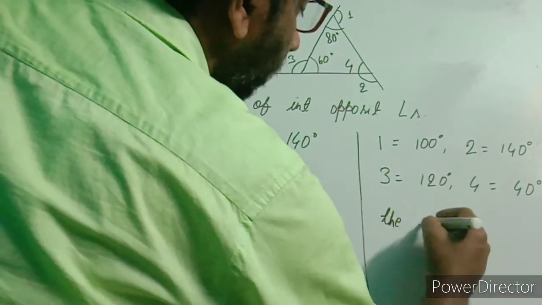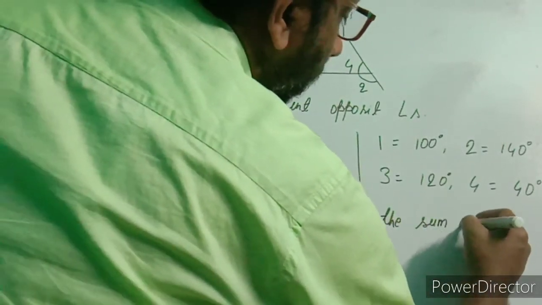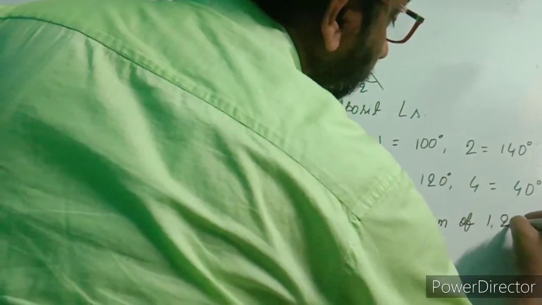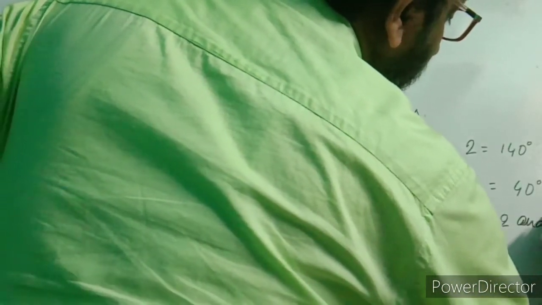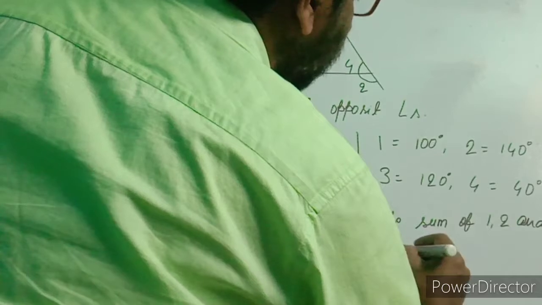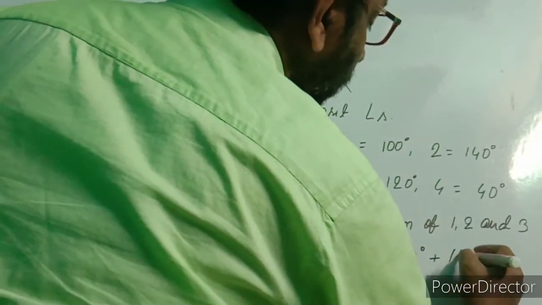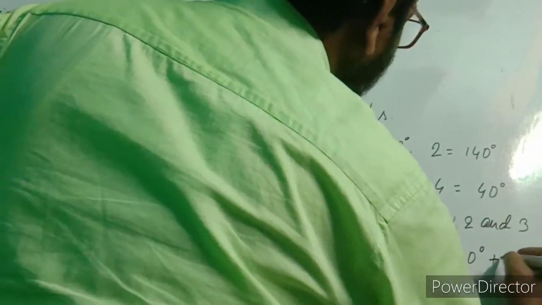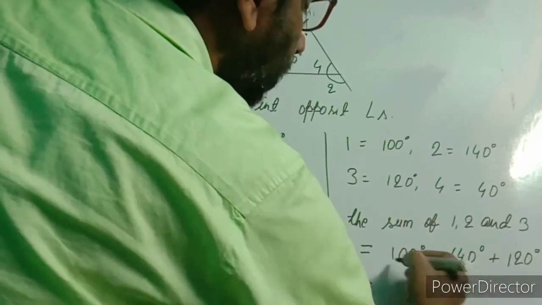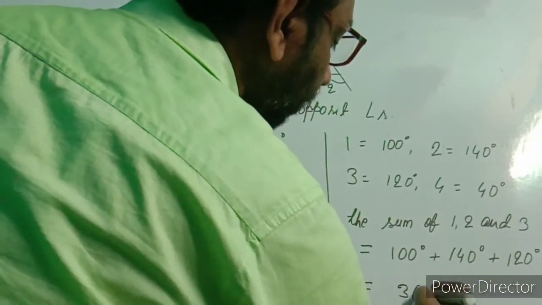The sum of 1, 2 and 3 is equal to 100 degrees plus 140 degrees plus 120 degrees is equal to 260 plus 100, 360 degrees.